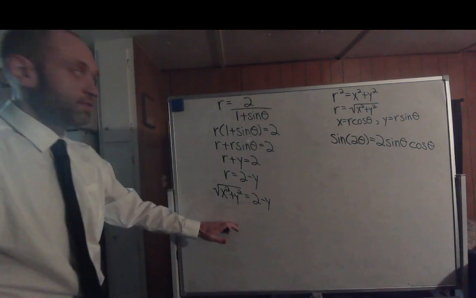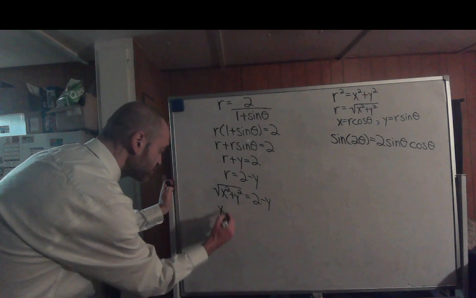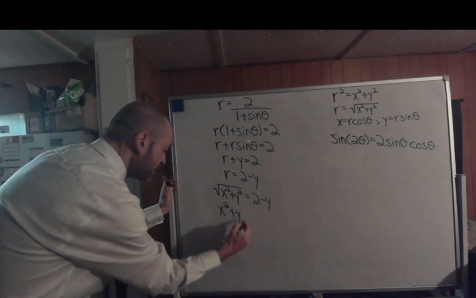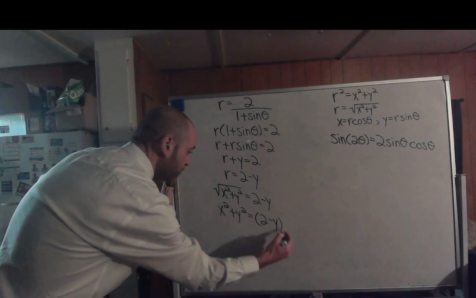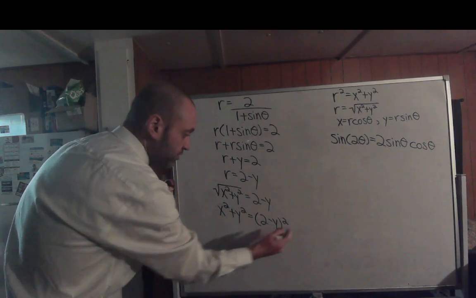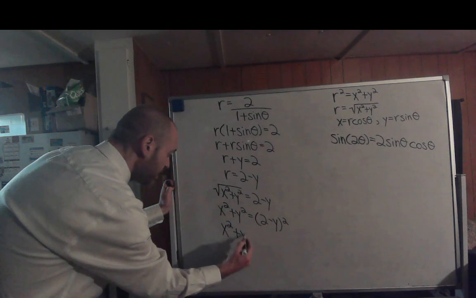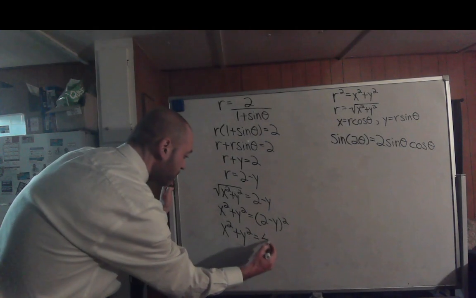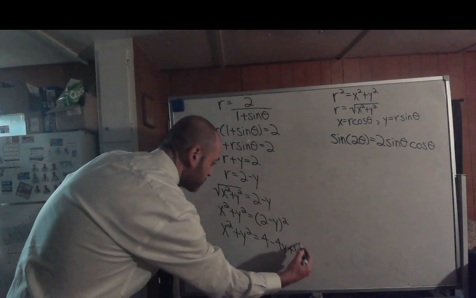We want to get rid of the radical, of course. So square both sides, and you would end up getting x squared plus y squared equals the quantity of 2 minus y raised to the second power. Then you just have a simple binomial squared, so you would have x squared plus y squared equals 4 minus 4y plus y squared.